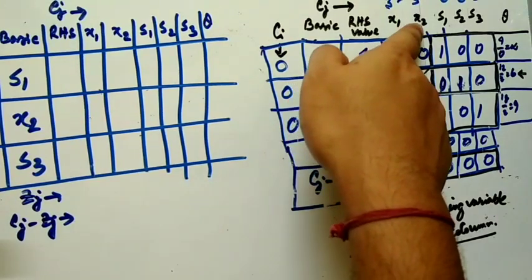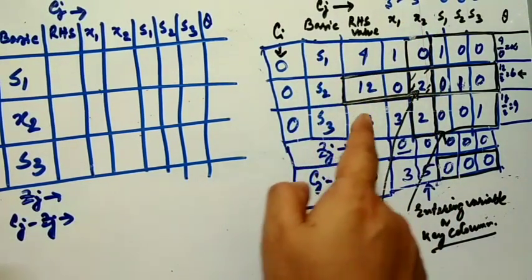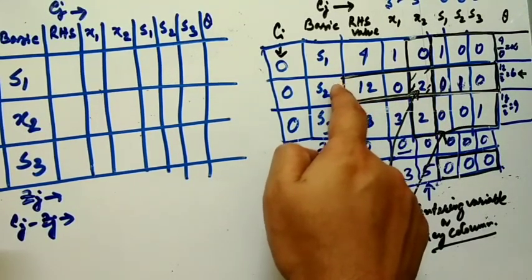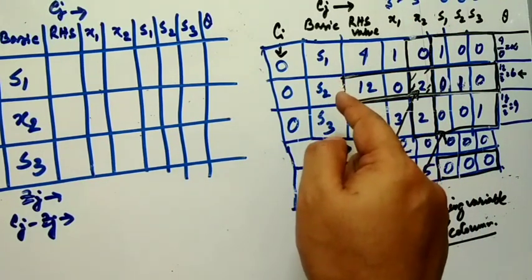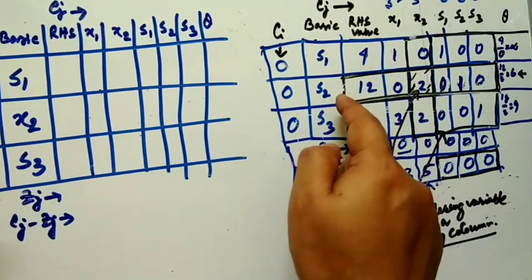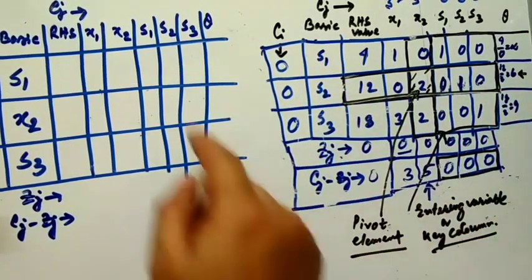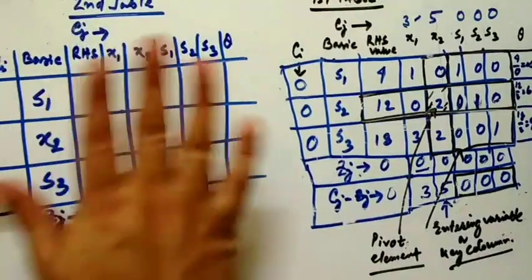So the entering variable will be X2. X2 will enter corresponding to the key row, that is this one. So X2 will enter in this particular solution, in this particular row, that is the key row. So I have written X2 over here, and everything else remains the same.